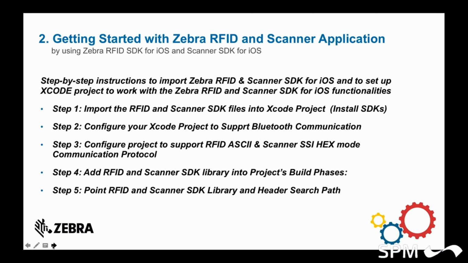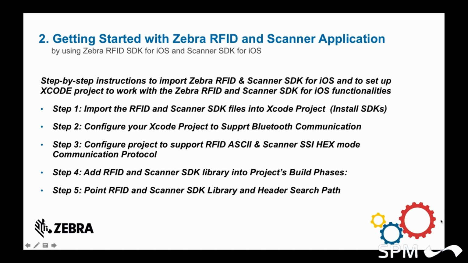Step 3, configure the project communication protocol. Step 4, include the RFID and scanner SDK libraries into your project. The final step, you need to make sure you point the project search paths to the SDK locations for header files and libraries.